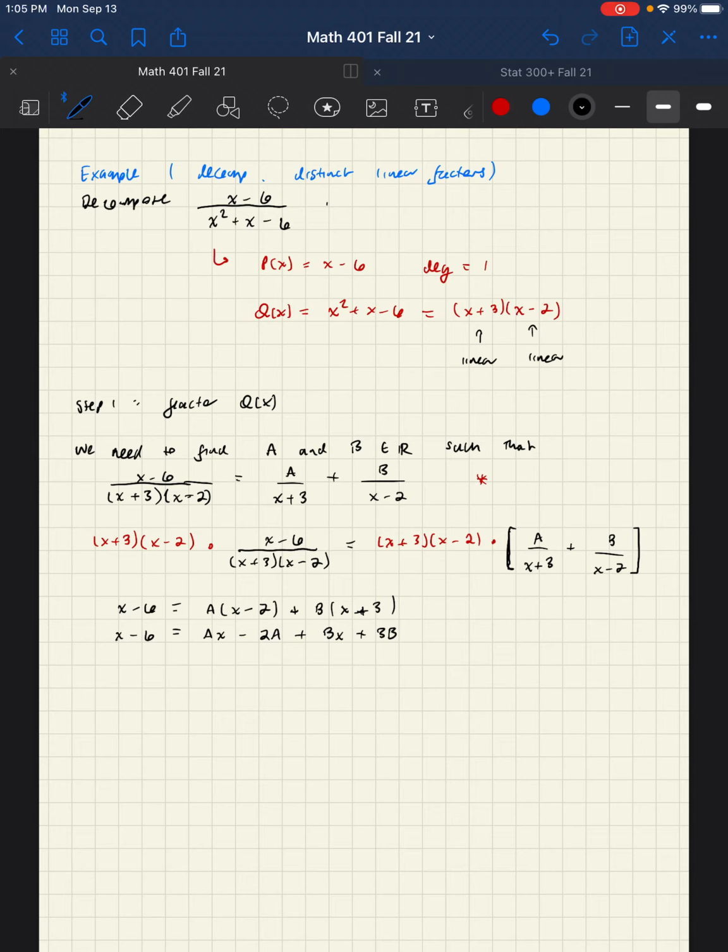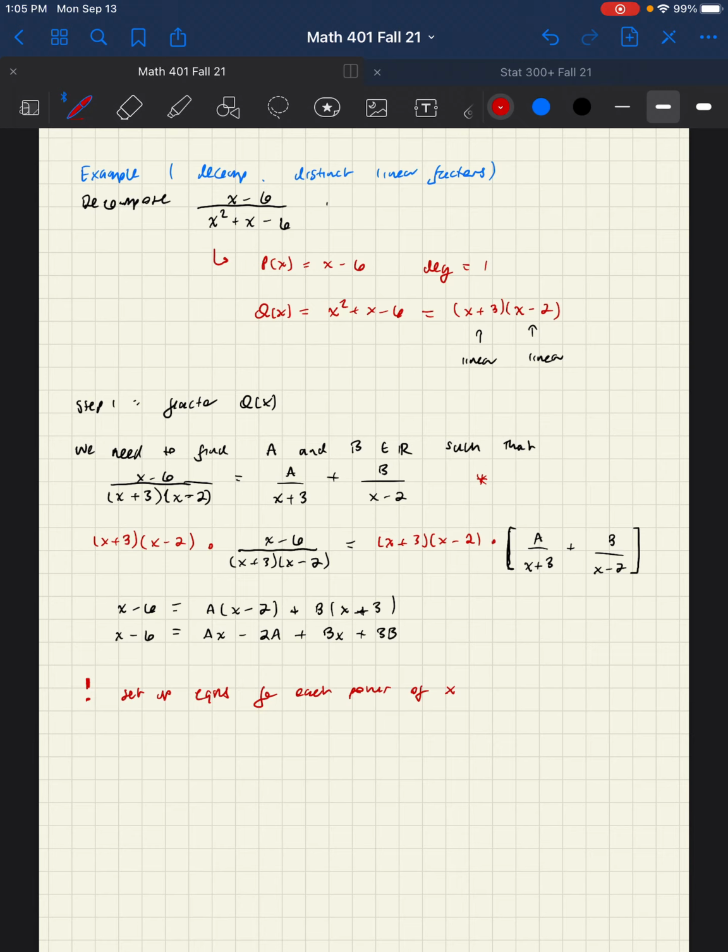And you'll notice here that what we're really doing is setting up this polynomial equation, and there's a tip here, a trick, that if you have a polynomial equation, you can set up separate secondary equations for each power of x.